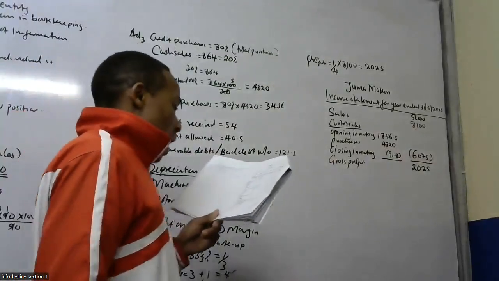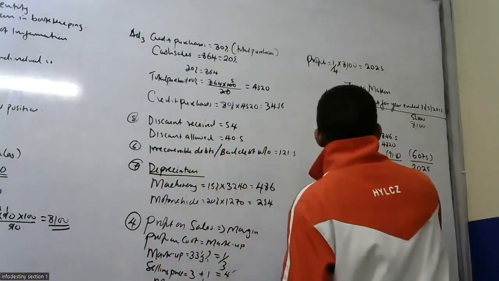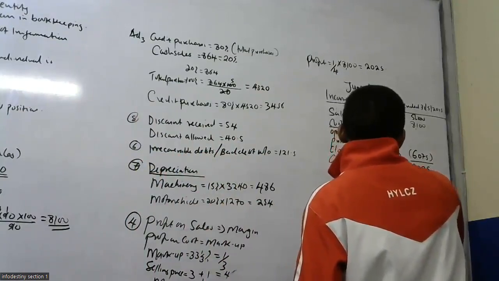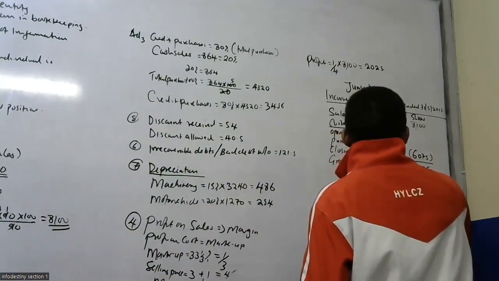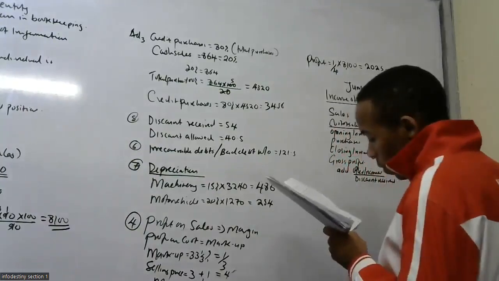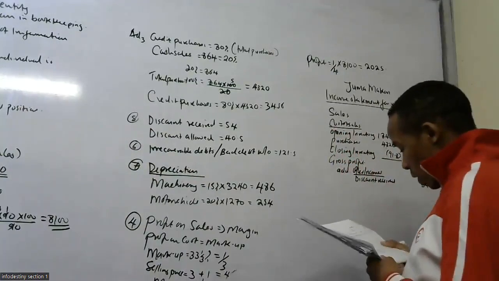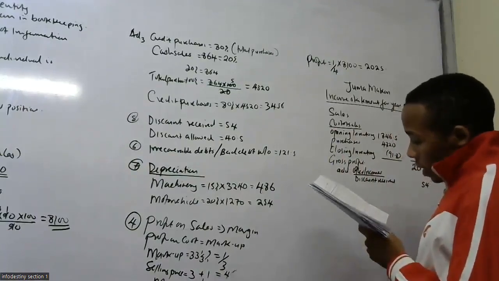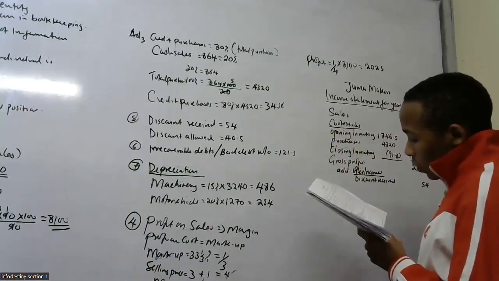Then from there, we check whether we have any other incomes, and we have discount received. So we add other incomes. Other incomes, we have the discount received, which was 54. Then let's see whether the equipment was sold at a profit. We are told that under the transactions, equipment with a net book value of 270 was sold for 378.